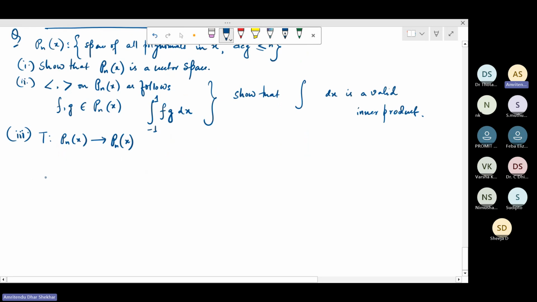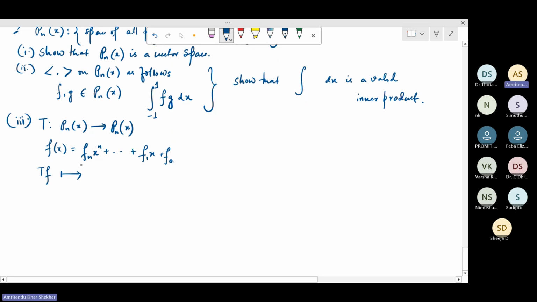If f is a polynomial, f_n x^n plus ... plus f1 x plus f0, then I define a linear map T of f which sends this polynomial to this polynomial: f_{n-1} x^n plus f_{n-2} x^{n-1} plus ... plus f1 x.